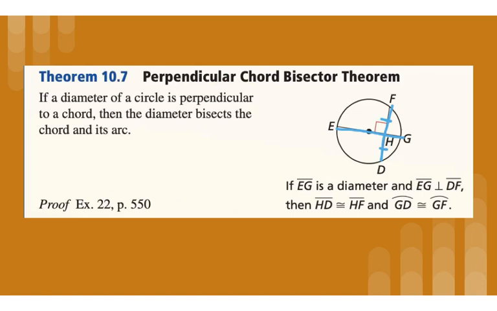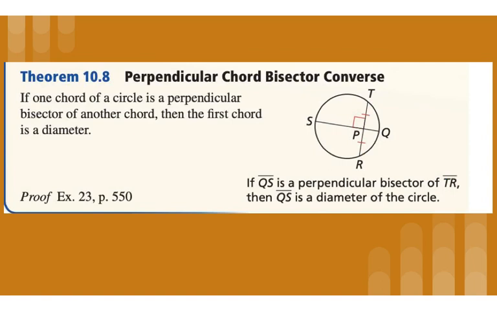But for our purposes, we're just going to understand that this happens. So the arc gets bisected as well as the chord. And the converse of that statement is true. If you know the chord is bisected, then you know that the diameter is perpendicular to that chord.